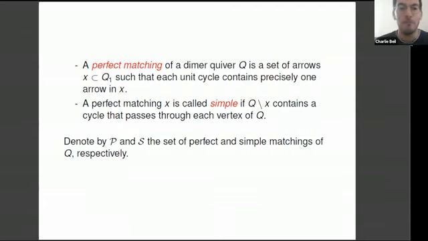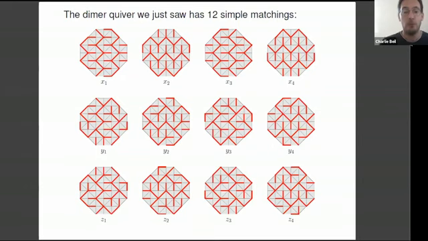Okay, so we denote by script P and script S the set of perfect and simple matchings of Q respectively. The dimer quiver that we just saw has 12 simple matchings.